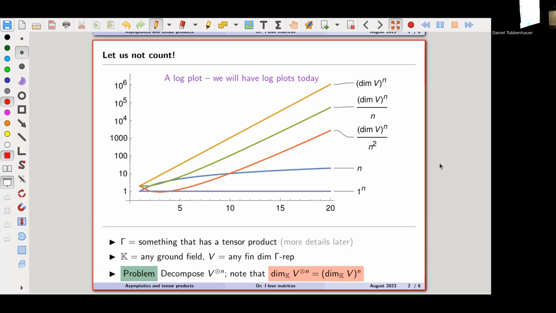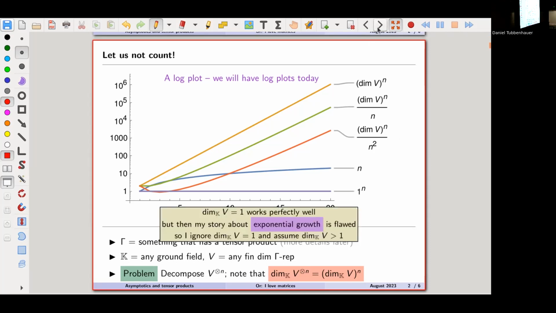So the dimension of this piece is the dimension of e to the n, unless the dimension of e is 1, which is the boring case I'm going to ignore. This will grow exponentially. A very interesting question: I want to decompose the tensor product, and I want to count the summands, some kind of counting problem associated to tensor powers.